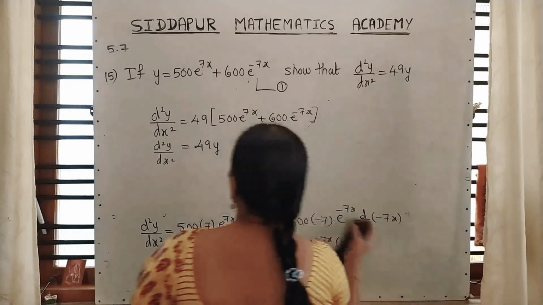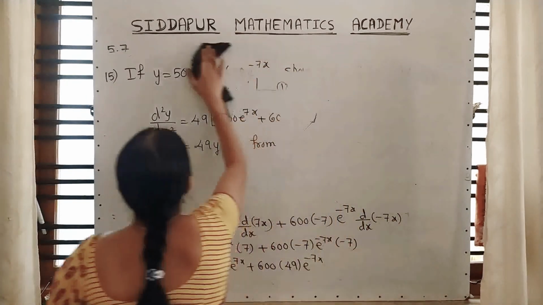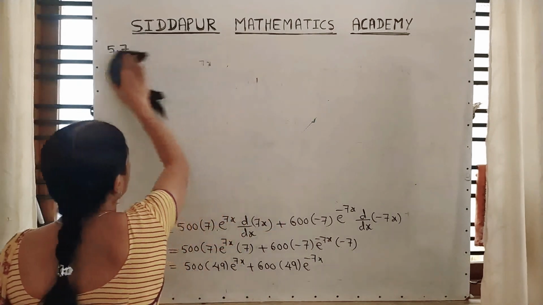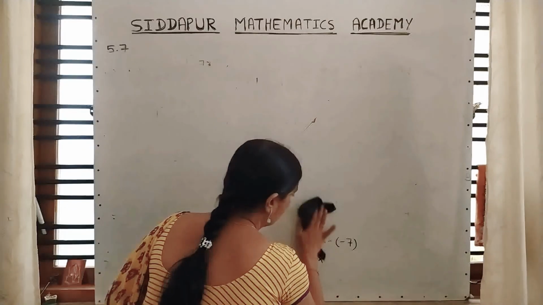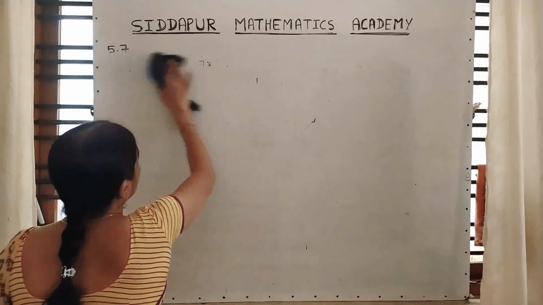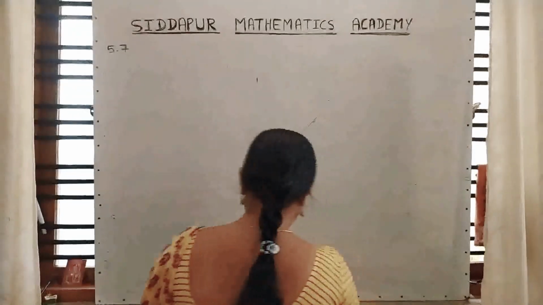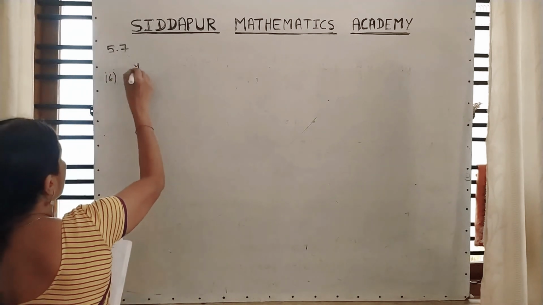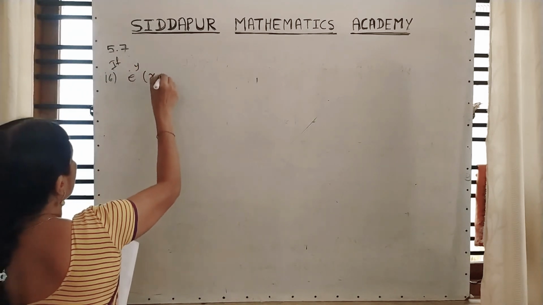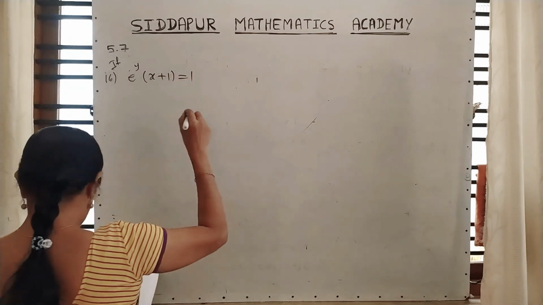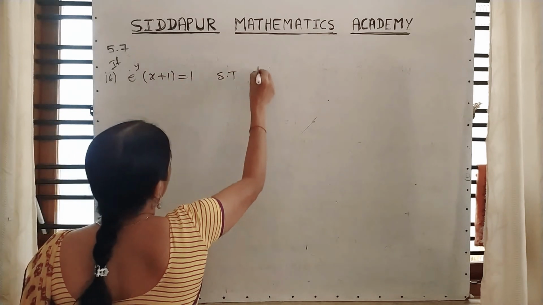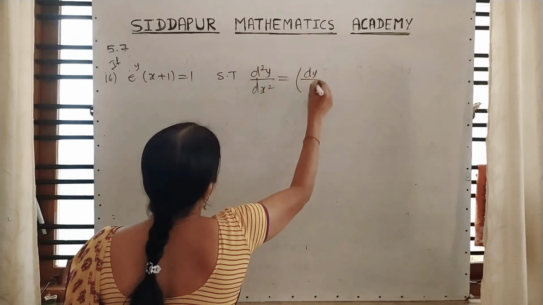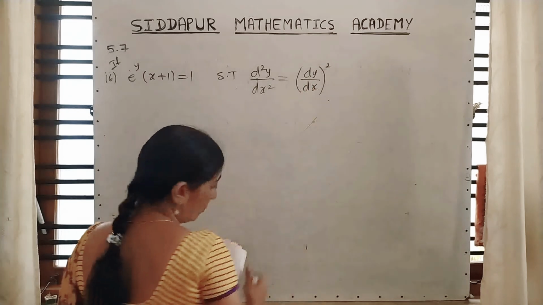Moving to the next question, that is question number 16. If y is equal to, if e raised to y into x plus 1 is equal to 1, show that d square y upon dx square is equal to dy upon dx whole square.